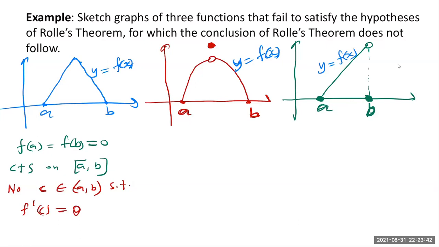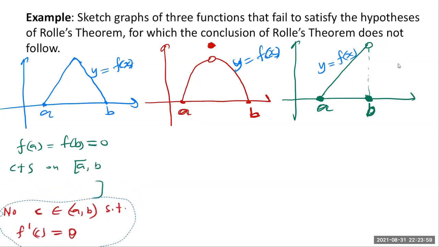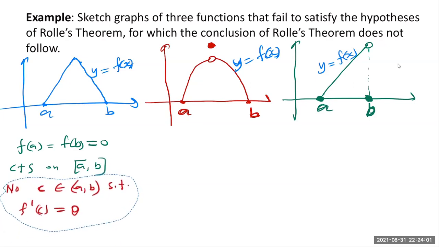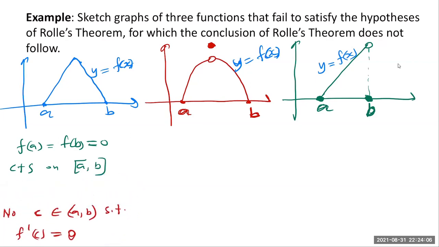That means the conclusion of Rolle's theorem does not follow in this case. Why? Because it is not differentiable in the open interval a comma b. Clearly at this point it is not differentiable. You have a sharp corner. Perhaps I'll write not differentiable here. Notice that this is not differentiable.